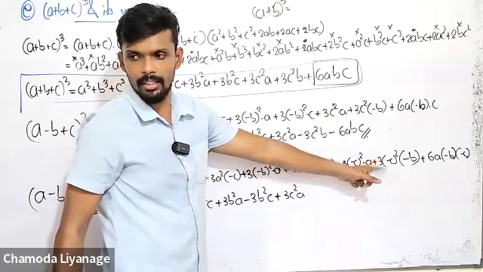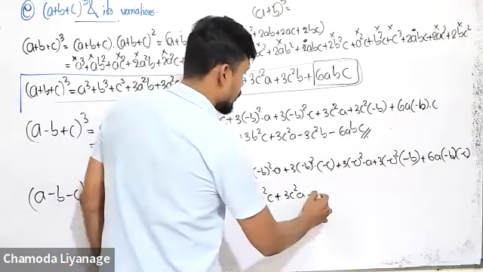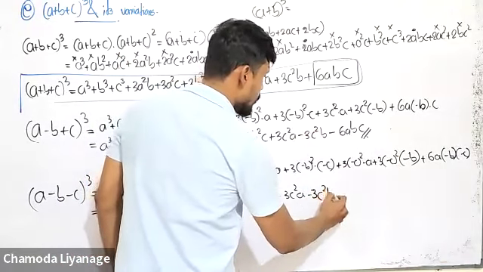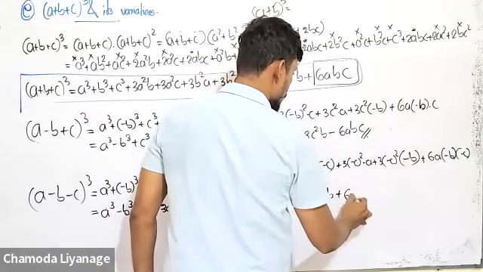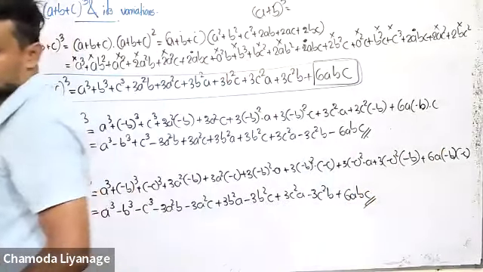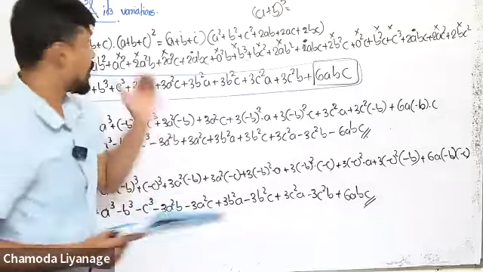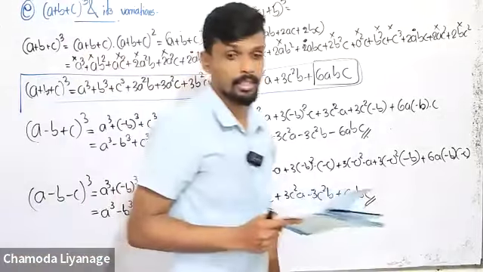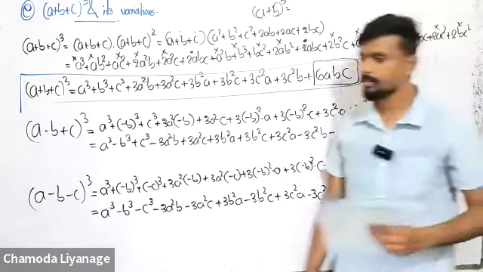Minus c squared, minus becomes plus, and there is another minus sign, so the total sign is minus c squared into b, and the last term plus 6abc. Right? Okay, I think you are okay with the expansion of a plus b plus c cube and its variations. Right?